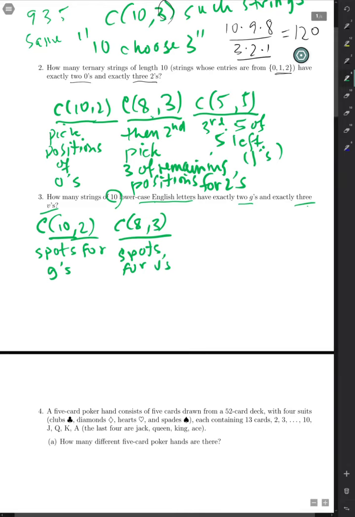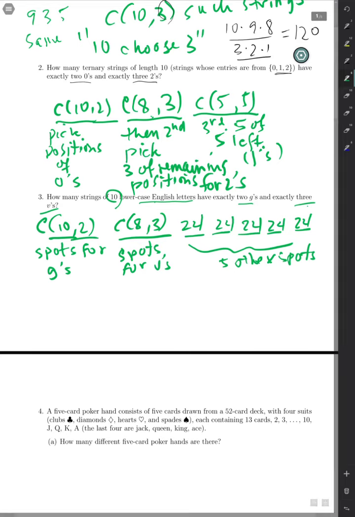So I'm going to break this up into some blanks here. How many blanks are there? Well, there are 5 other spots. We'll do these in order, left to right, and we can use any of the other English letters. So it's 24, 24, 24, 24, 24 in those spots. So that's what we'd have right there.